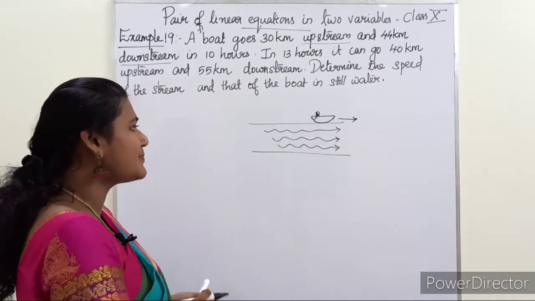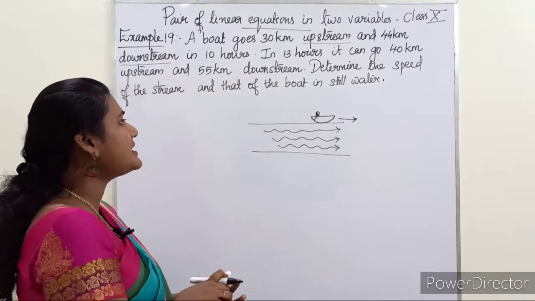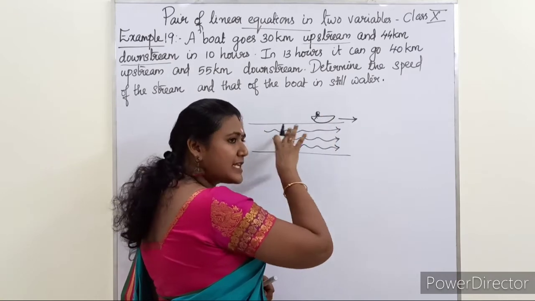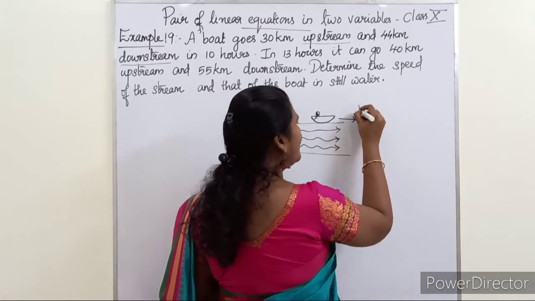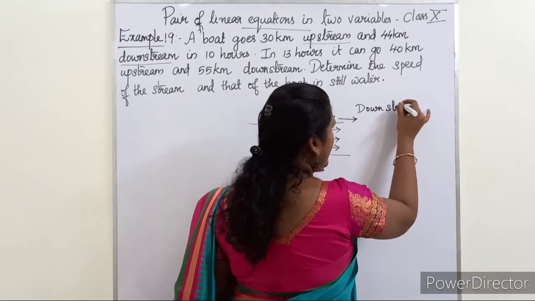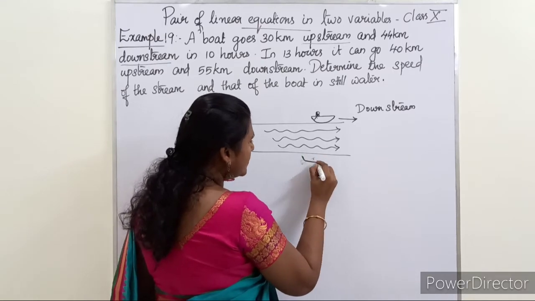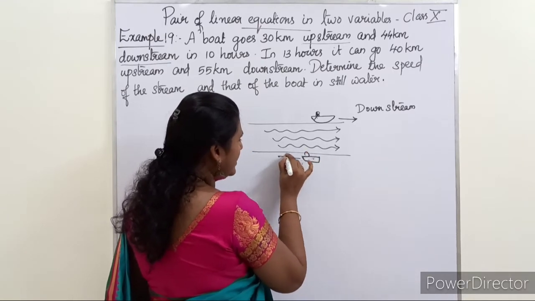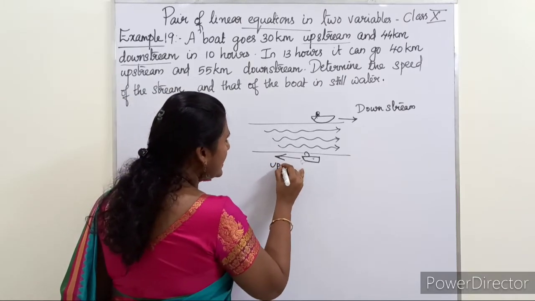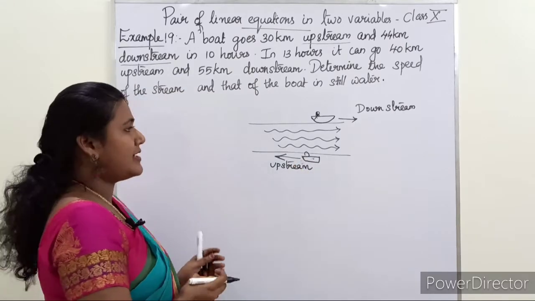If the boat is moving in the same direction as the stream, the flow of water, we will call it downstream. If the boat is going in the opposite direction to the stream, then we will call it upstream. So you should understand these two concepts very clearly, upstream and downstream.